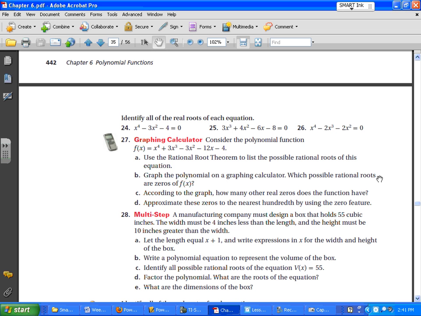We looked at number 25, and they were having a hard time doing that. They graphed it right away, and you couldn't see the zeros right away by graphing it. But if you factor this, then it was actually pretty easy. Those of you who did that probably know what I'm talking about. All right.